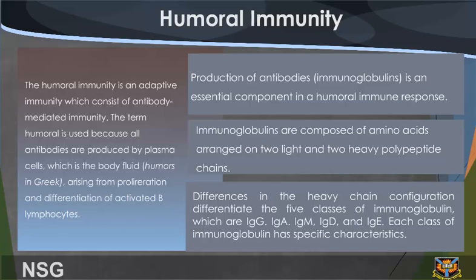Immunoglobulins are composed of amino acids arranged on two light and two heavy polypeptide chains. Differences in the heavy chain configuration differentiate the 5 classes of immunoglobulin, which are IgG, IgA, IgM, IgD, and IgE. Each class of immunoglobulin has specific characteristics.